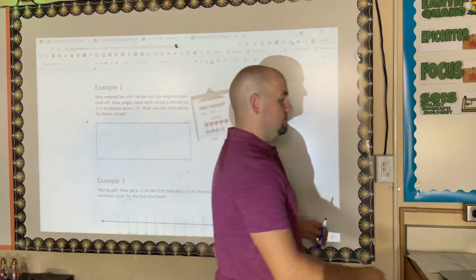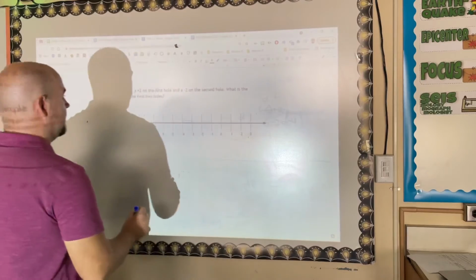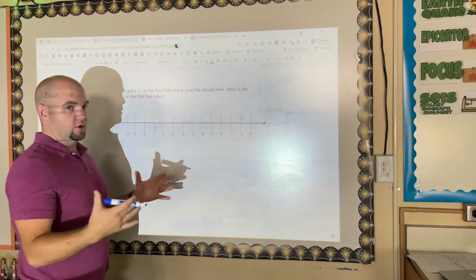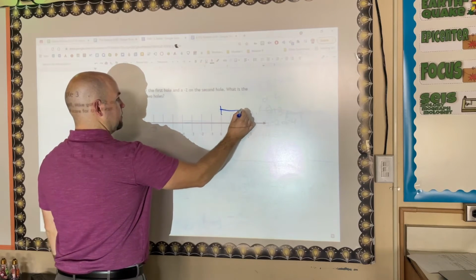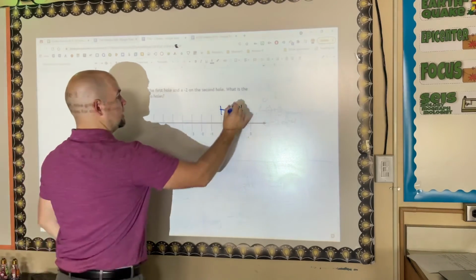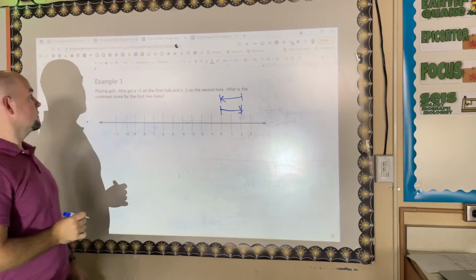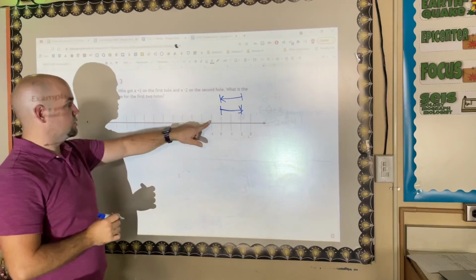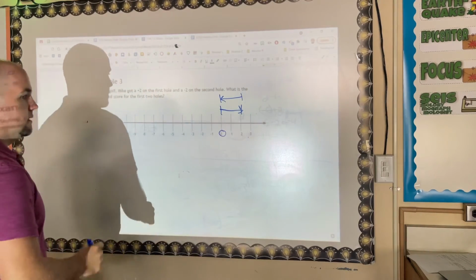Anyway, last example. Mike, he's a golfer. In golf, you start off with 0, just like any other sport. He gets a positive 2 on the first hole, and then a negative 2. It's actually a good thing in golf on the other one. So what is the combined score for the first 2 holes? If we use our number line, he's going to end up at 0. So let's check our math.